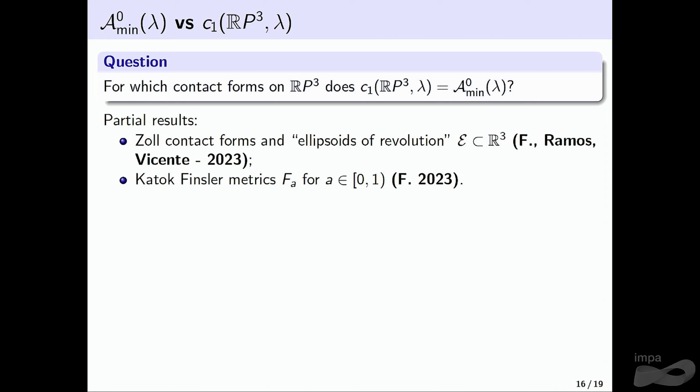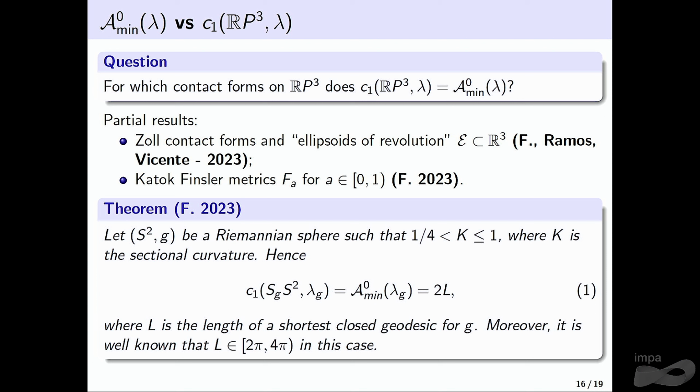And for a wider, broader class, which is famous in differential geometry, which is metrics pinched by 1/4, I can also prove this. So consider a Riemannian metric on the sphere, which is pinched by 1/4, which means this modulo rescaling. And K here is the sectional or Gaussian curvature.